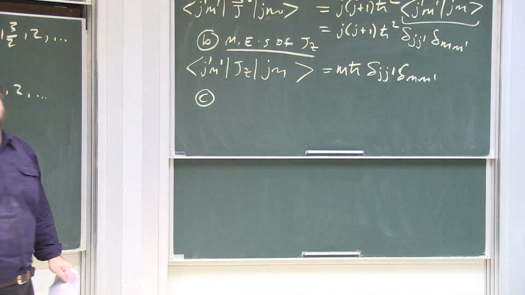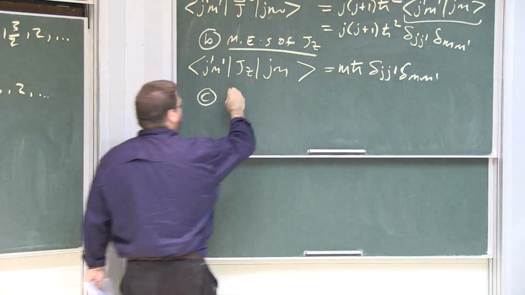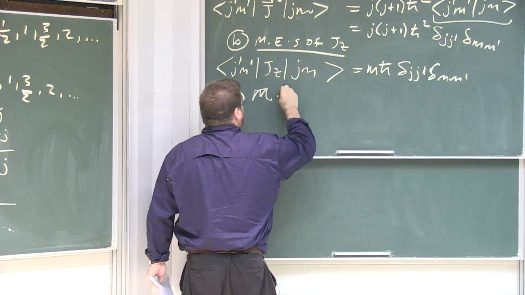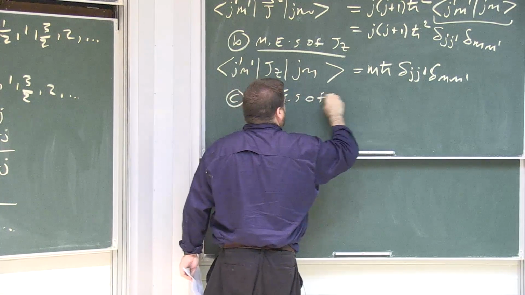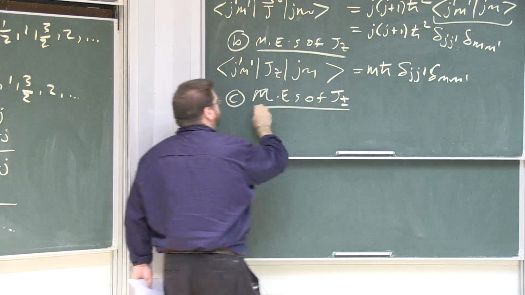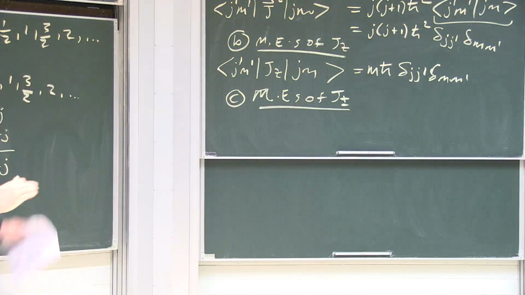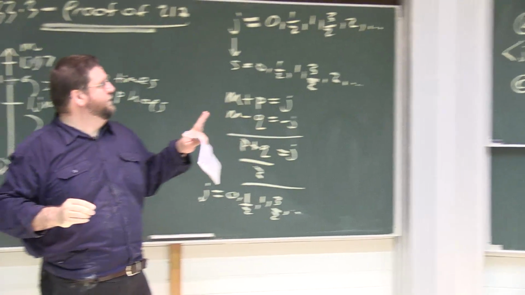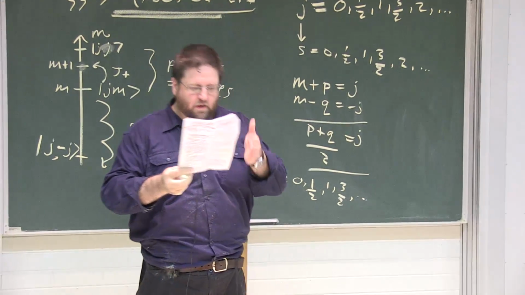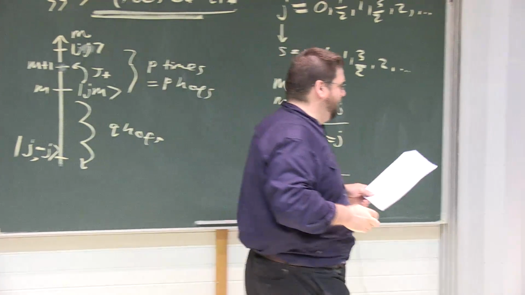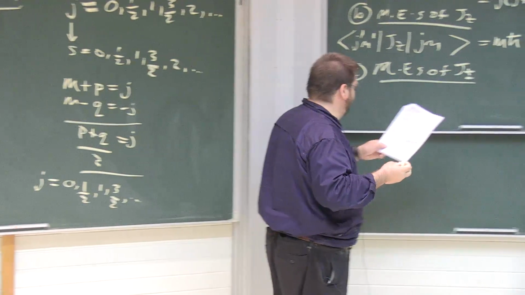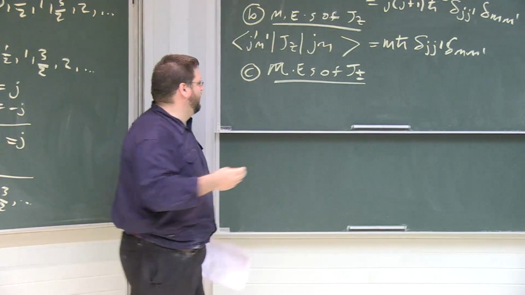Now we want the matrix elements of J plus and minus. Things are going to get a bit harder now. I'm going to begin the calculation of the matrix elements of the J plus and minus operators by not calculating the matrix elements. I want to calculate a preliminary result, equation 240.